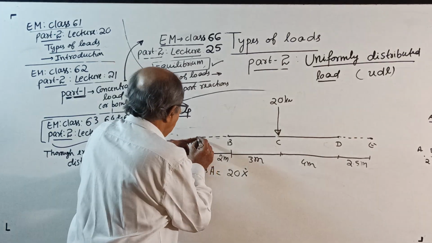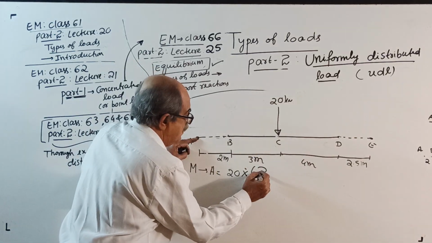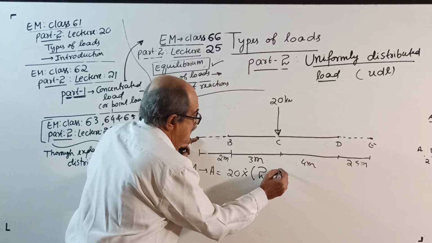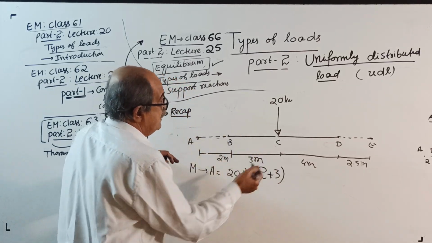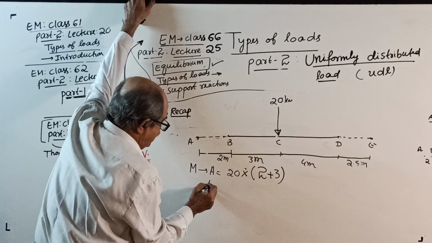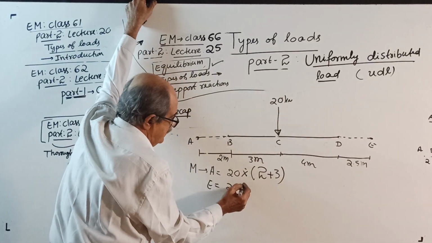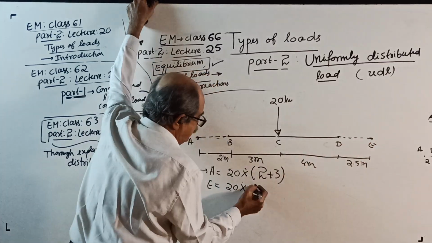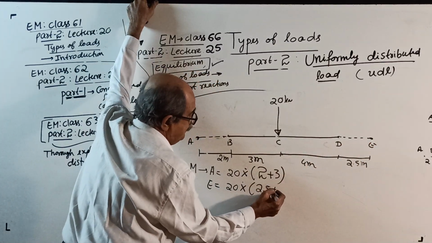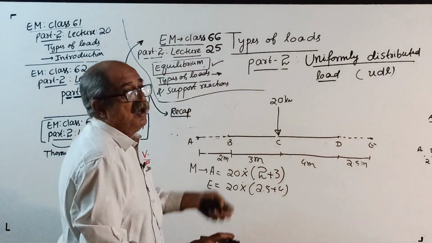So it is, I told, 2 bracket, then plus 3. I told not 3 plus 2. Okay, then I told moment about E. 20 into, from here, 2.5 because why? Plus 4. Okay, this much I told in that class.